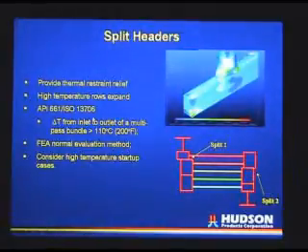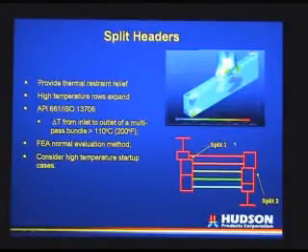This shows you an example of a split header. In case of condensing service, where you might have a high temperature drop on your first pass flowing through the bundle, I guess I should use the pointer here. If we're flowing in the top here and we have a high temperature drop in this header, and then we flow into the next header, the thermal expansion on the top tubes would be much greater than on the bottom tubes, so this allows for the header to grow.